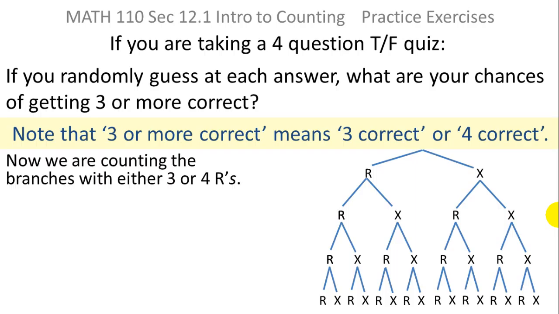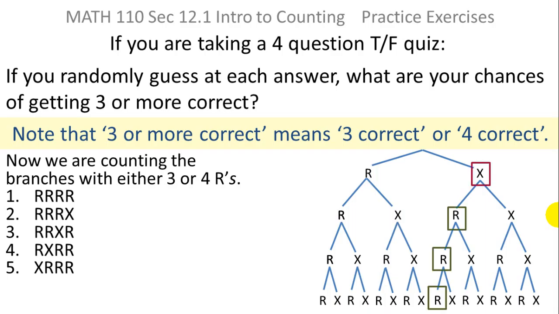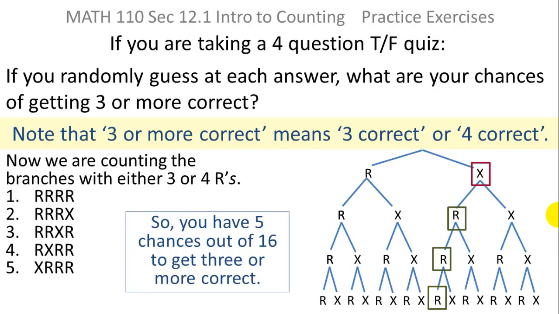So if you start left to right and just look, you've got RRRR that has 4. You have RRRX, that's 3. You have RRXR, which has 3. You have RXRR, which has 3. You have XRRR, and that's it. So you have 5 chances out of 16 to get 3 or more correct.